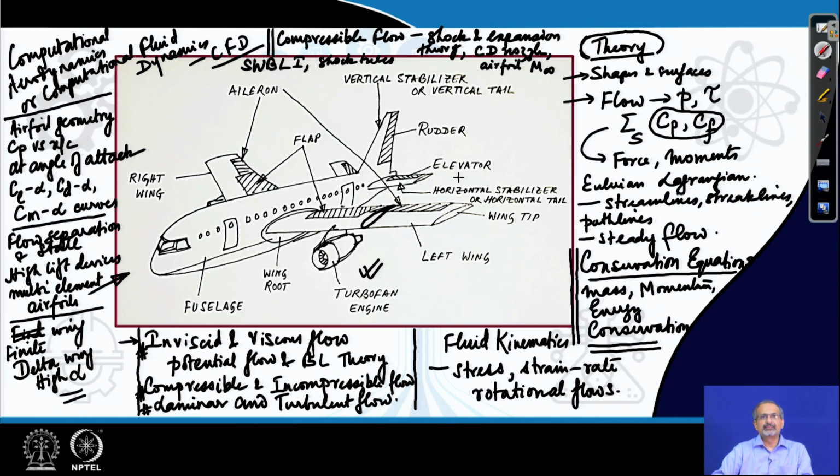So, to keep things simple, we will begin with a comparatively simple geometry, and we will try to look at how flow solution looks past it, that is the airfoil section.